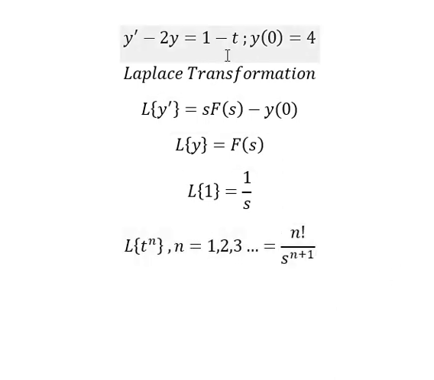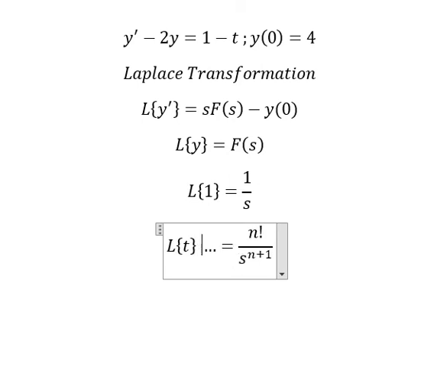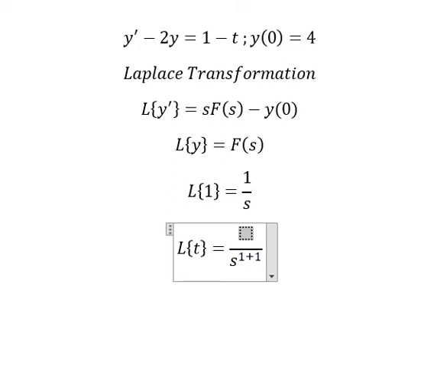So in this situation we have only t, that means n equals number 1, and we can write like this. So we put number 1 in here, number 1 in here. So we have number 1, and this one we have number 2.